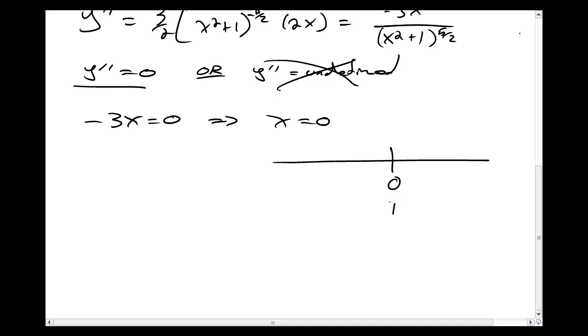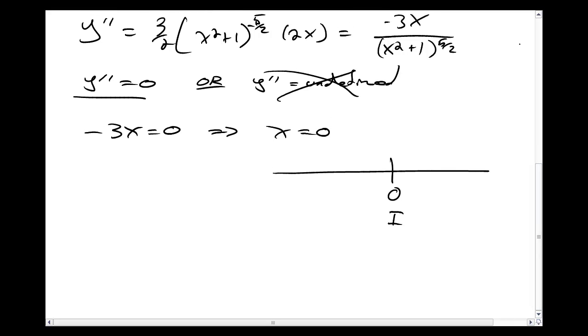I take some test points on either side of it, and I plug those test points back into my second derivative. If I take a test point of something like minus 1 and plug it into my second derivative, well, I'm going to get a positive number on the top, and the bottom part of my second derivative is always positive.